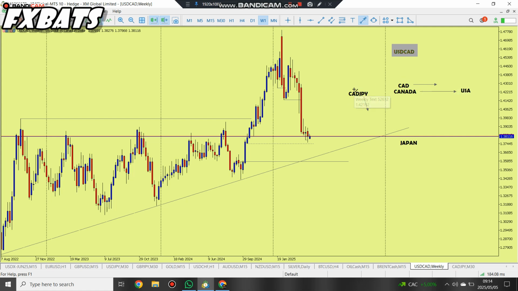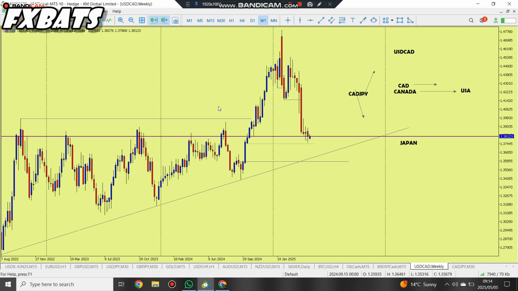Vice versa, if the value of oil drops, CAD JPY will drop, which means the yen will appreciate because they won't be spending as much. Yes, definitely, it's just like that. So when I'm trading oil, I match it up with these two currencies, CAD JPY and USD CAD.